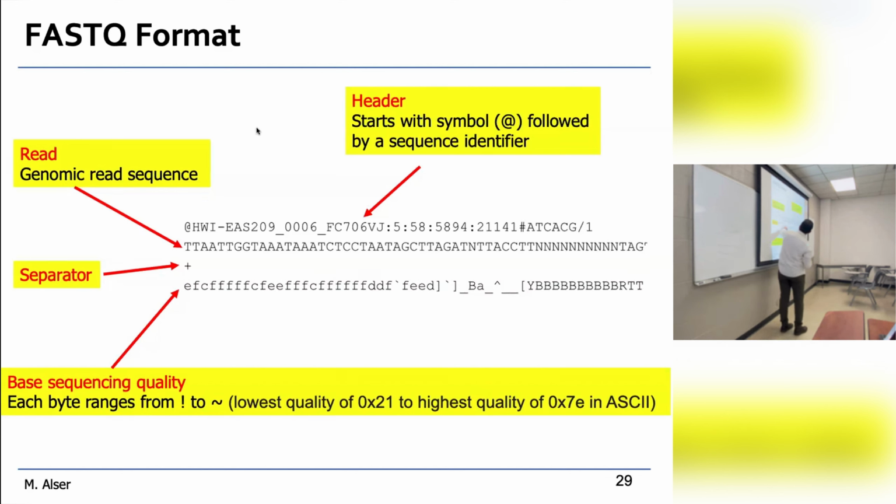That means for each of those bases, I will have a confidence level. So if this is 100 long, then this should be 100 long. If this is 1,000, this is 1,000. And each of those bases has its own quality. E means something over here, F means another thing, and so on. So those are basically the quality levels that I have while I'm doing the sequencing. So who's generating that line for me?